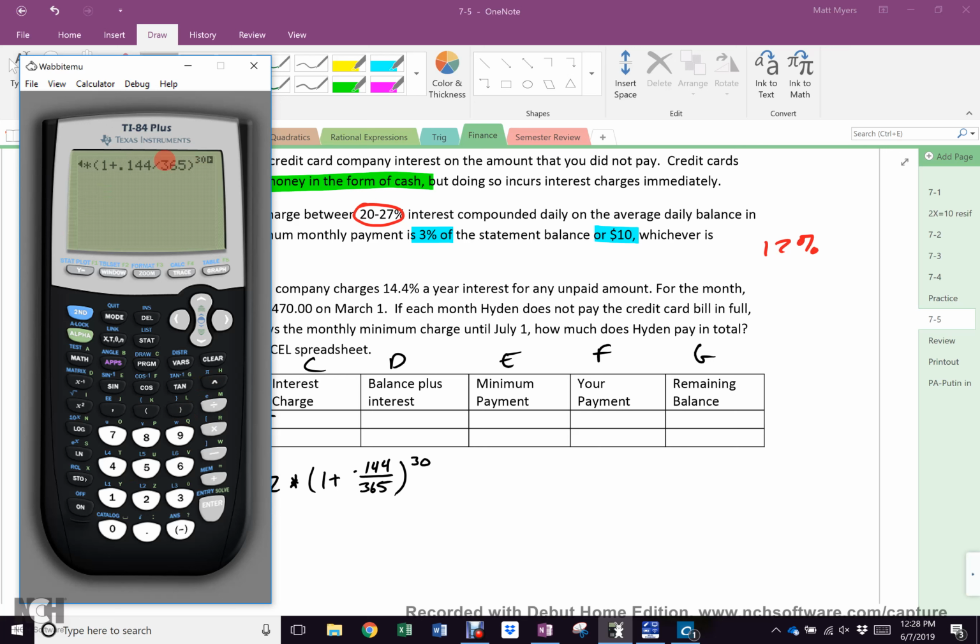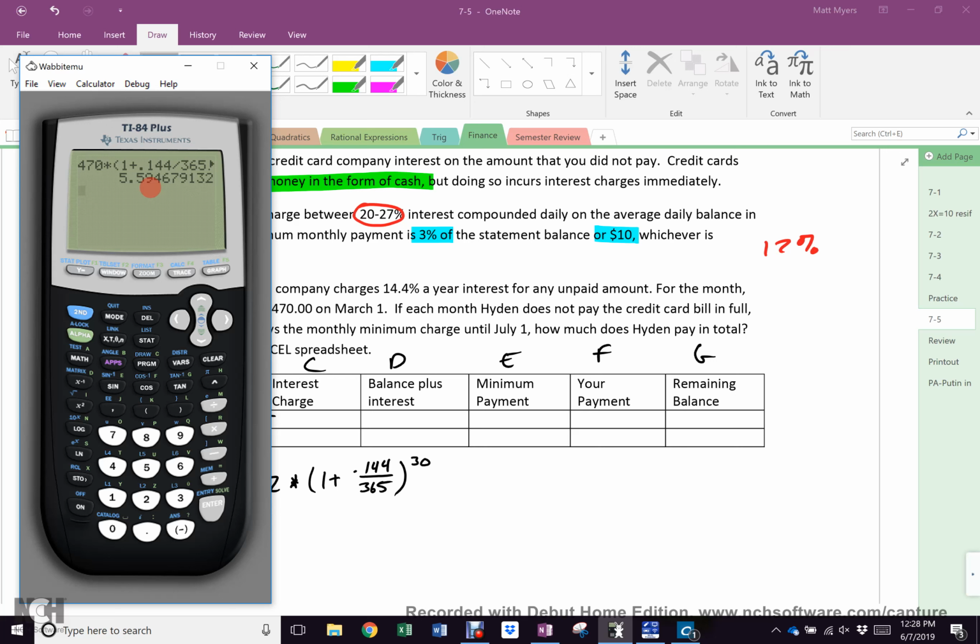Now, when I do this, that's going to have that 470 in it, isn't it? Right? And I don't want that 470 in it, so I'm going to subtract it out here. $5.59 in interest. Does that sound about right?